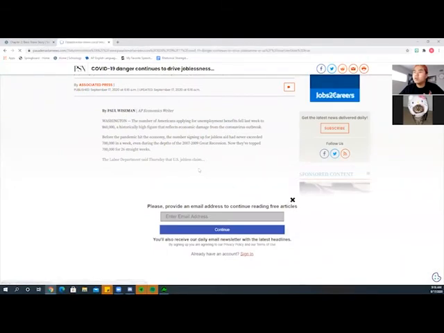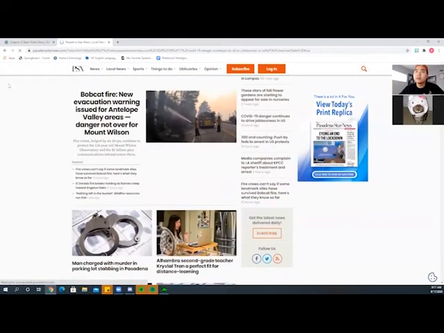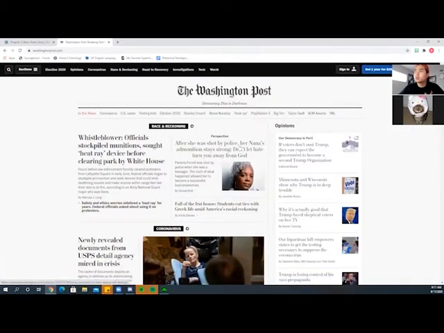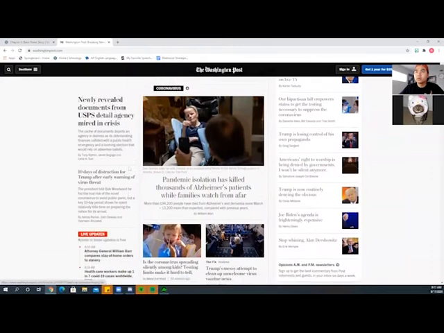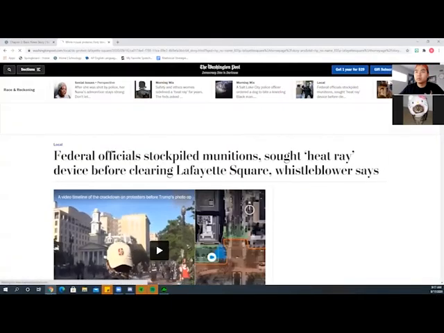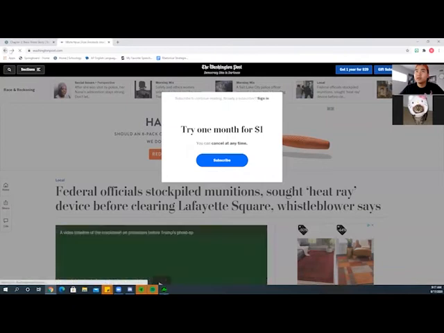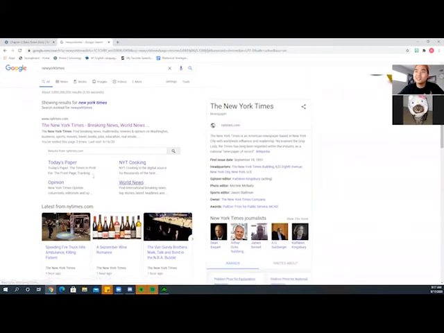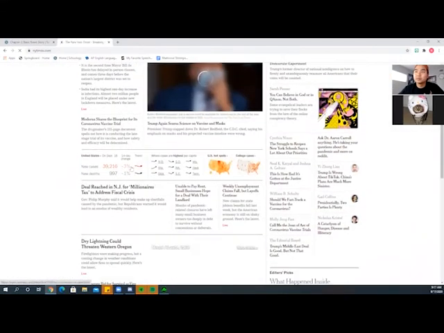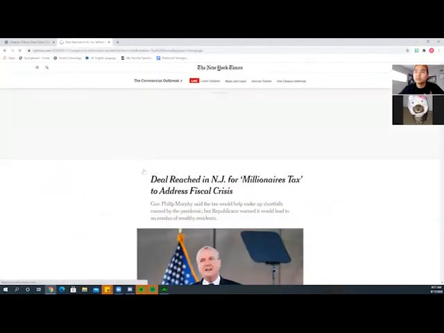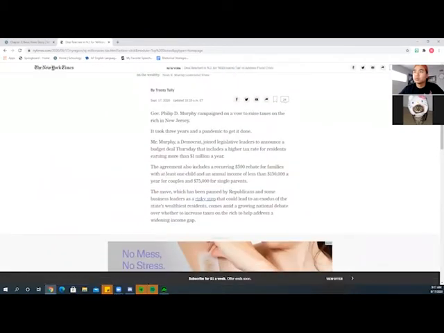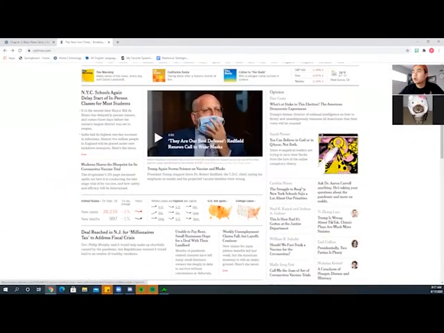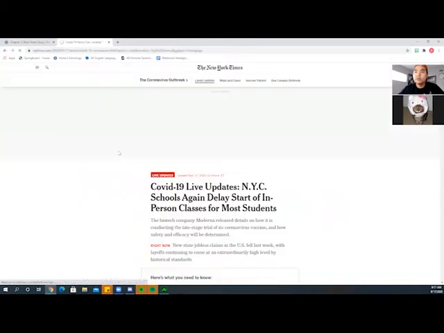The very first sentence of this article, paywall right there too. Maybe Washington Post. Darn. Okay. New York Times. Okay, let's choose an article.